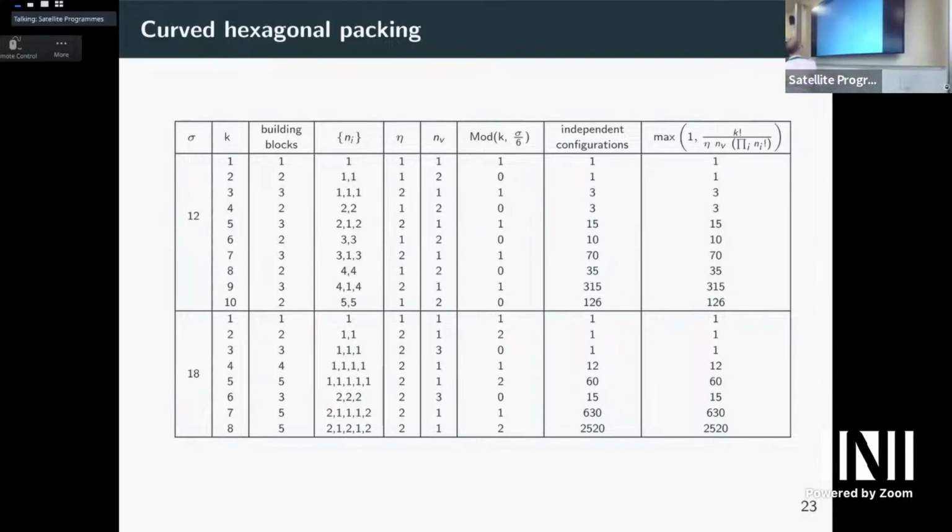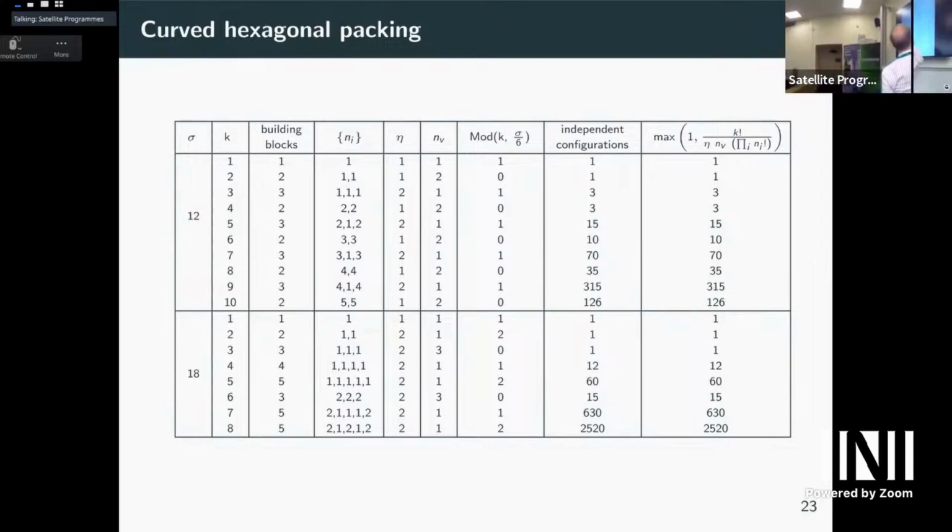So here there is a table. We have supplemental material in Zenodo with thousands of configurations and graphs and everything, and tables in the paper. We have tables up to, I don't remember how many sites, but here is a quick table for the dodecagon and the octadecagon. Here you see number of shells.